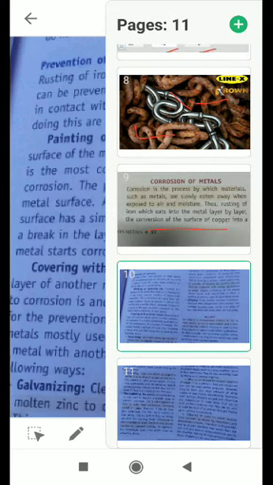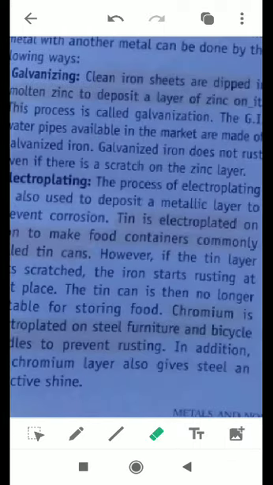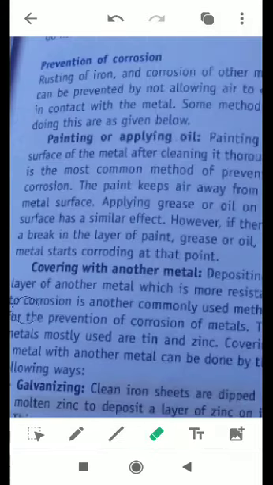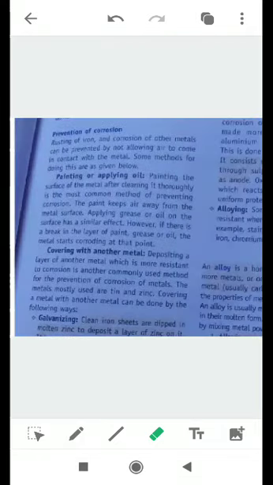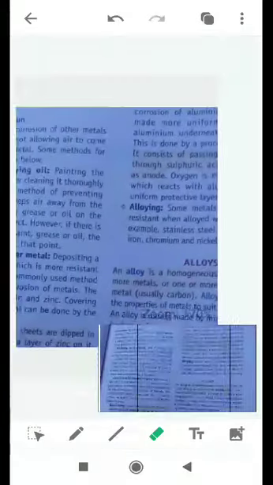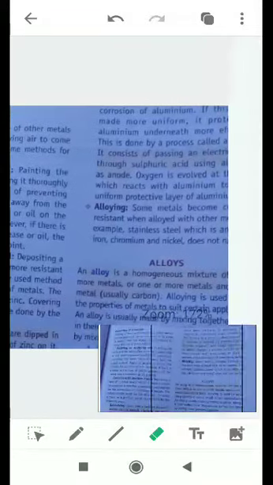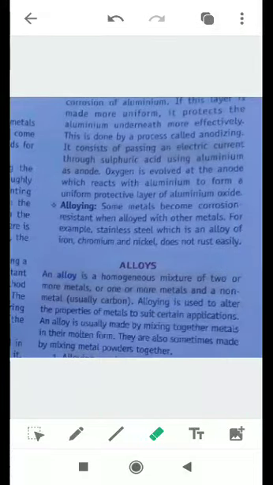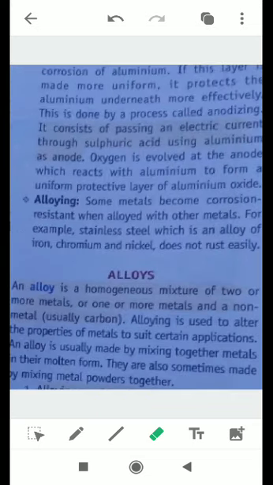And alloying is another method to save metals. In alloying, the properties of metals are enhanced. An alloy is a mixture of two or more metals or non-metals, but not in a fixed proportion. To enhance the properties of metals, alloying is very important.